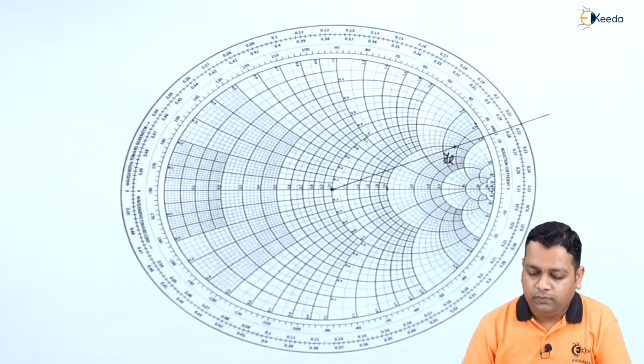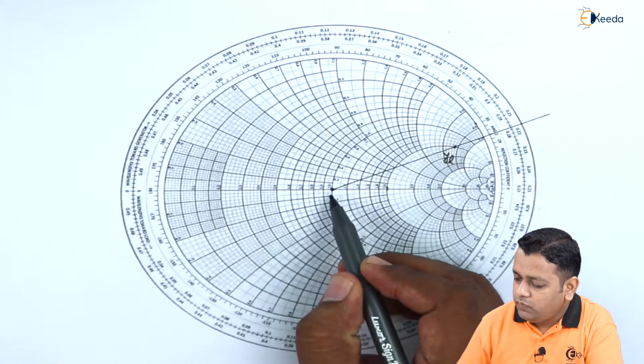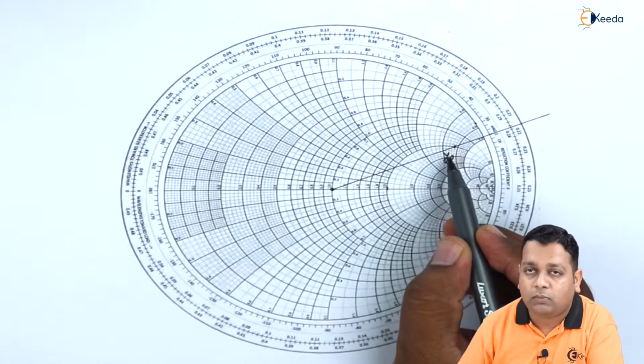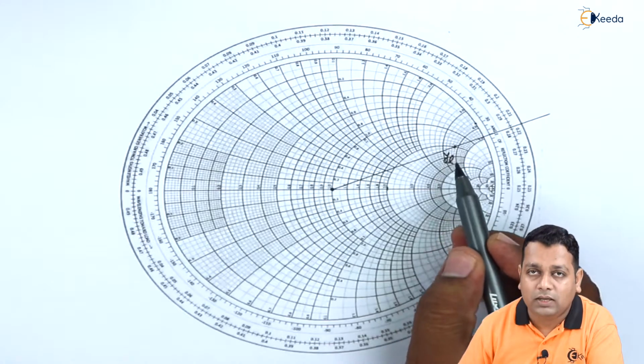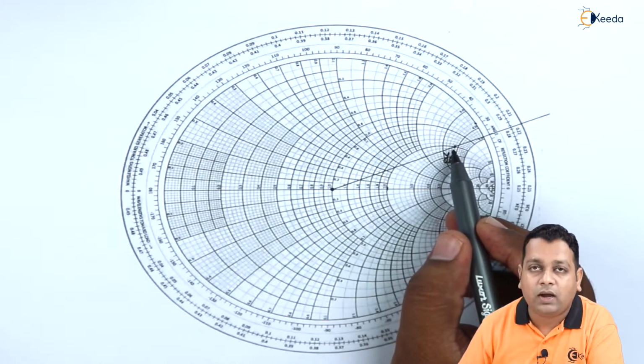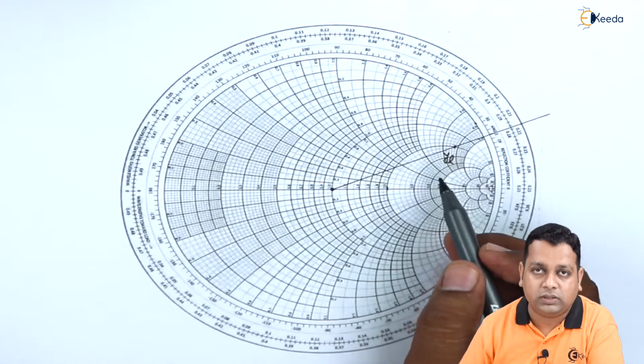Now in the next step, we should take the distance from the center of the Smith chart up to Y suffix L, the normalized admittance point, as the radius, and draw a circle so that this circle will intersect the unity circle here.